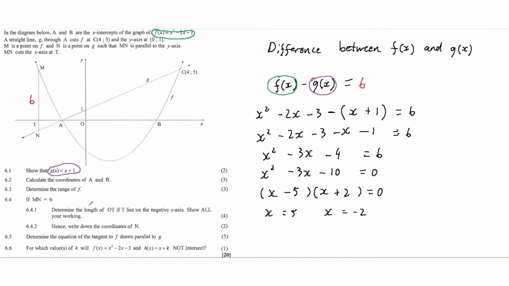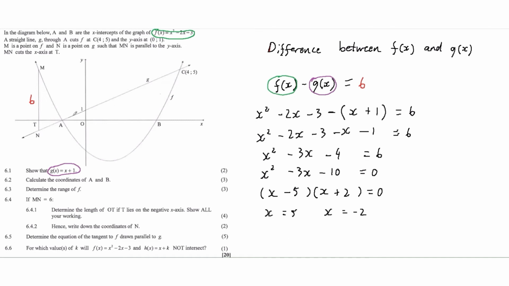Now we're asked to determine the length of OT, which means we need to know what the x coordinate of T is. And what we've done here is we've calculated our x coordinate.